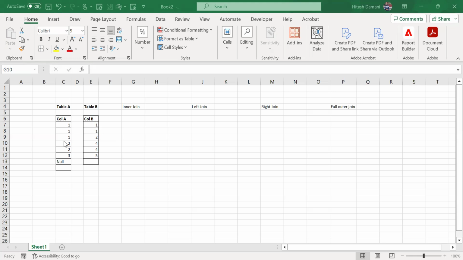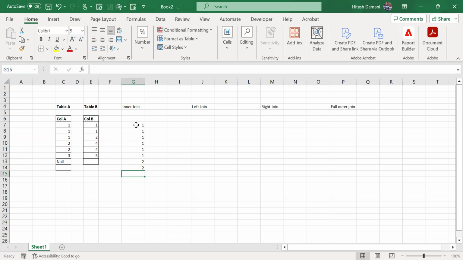So since it's three times over here and two times over here, which is 3 into 2, 6, our result set will contain 1 six times. Similarly, that will be the case for 2 as well, right? Since 2 is appearing two times over here and only a single time over here, it will be 2 into 1, that is 2. So we will be getting 2 two times.